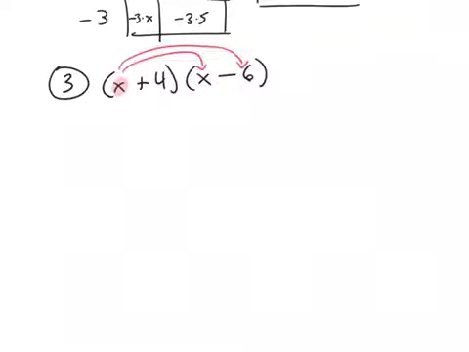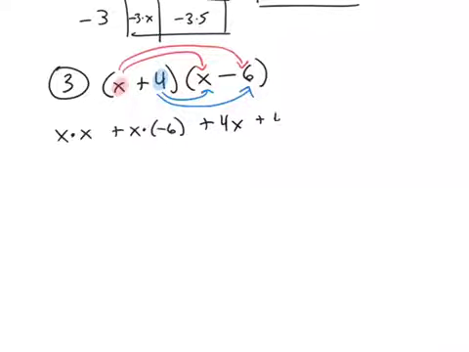So the red x multiplies x times x, and then x times negative 6. All right? And then I'll go ahead and distribute that 4, and that's 4 times x, and then 4 times a negative 6.